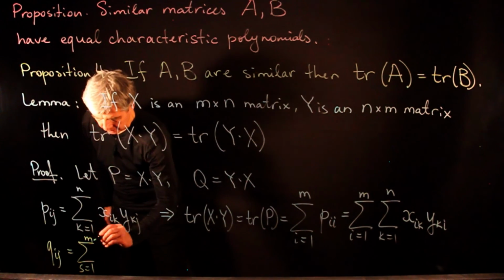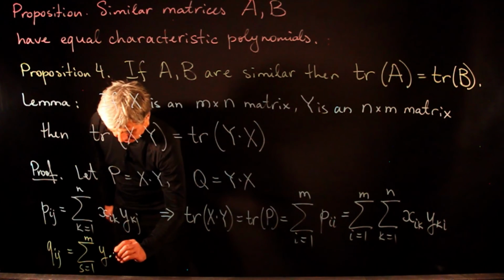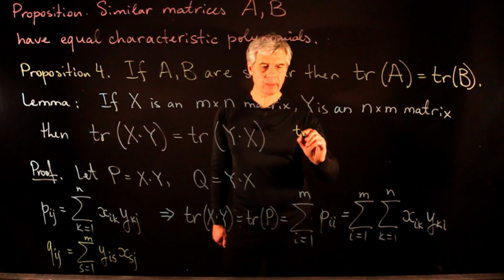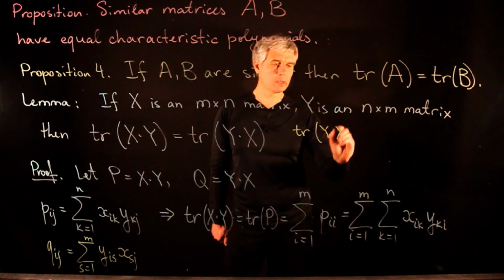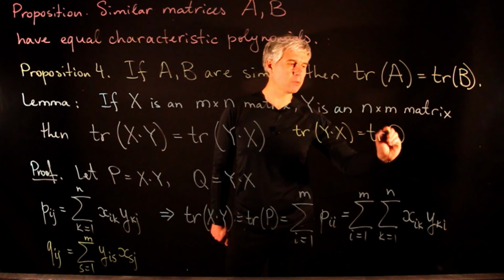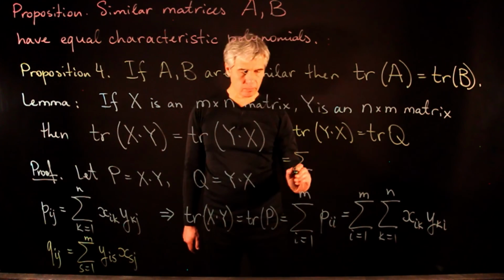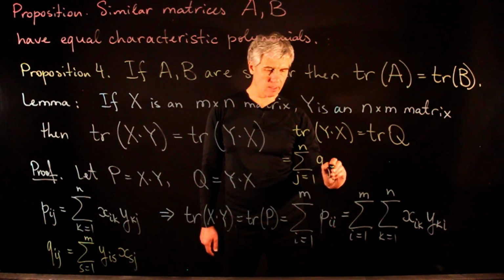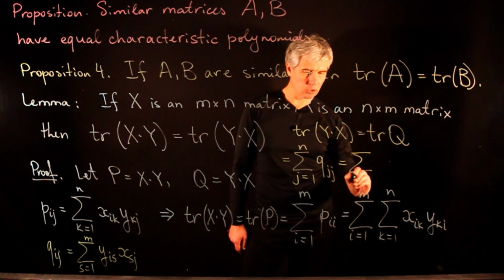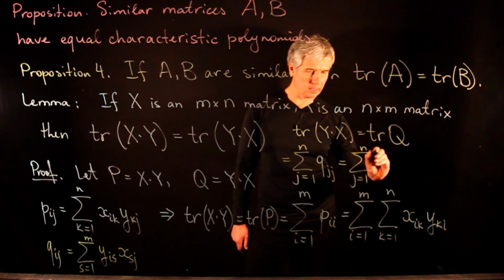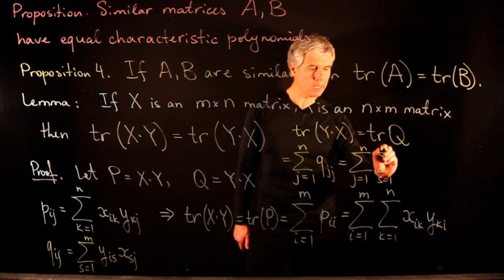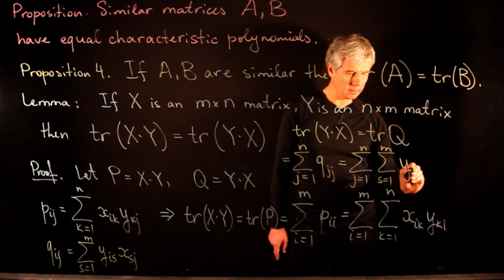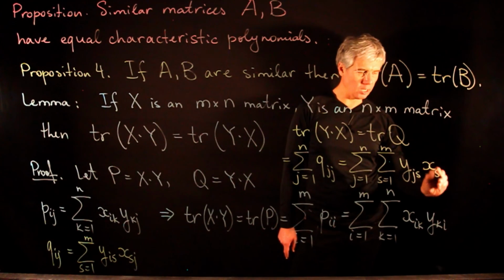Now if we write the formula for q_ij, this will be the sum s goes from 1 to m of y_is times x_sj. And then the trace of YX, which is the trace of the matrix Q, will be the sum j goes from 1 to n of q_jj, which is the sum j goes from 1 to n and s goes from 1 to m of y_js times x_sj.